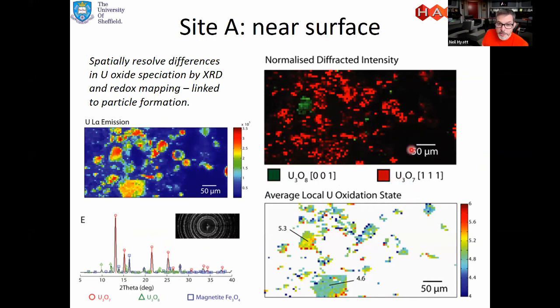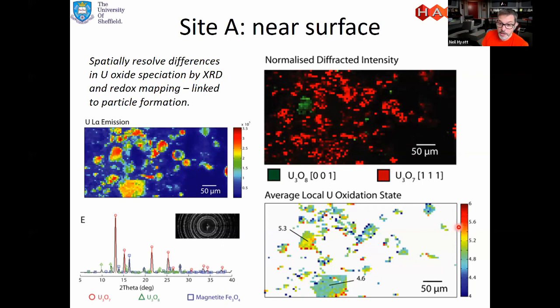What we find though is that the phase distribution reveals distinct domains of U3O7, highlighted here in red, and U3O8, which likely correspond to variations in formation conditions rather than an oxidation mechanism, because the distribution is distinctly bimodal, as you can see. So that's our diffraction mapping there.